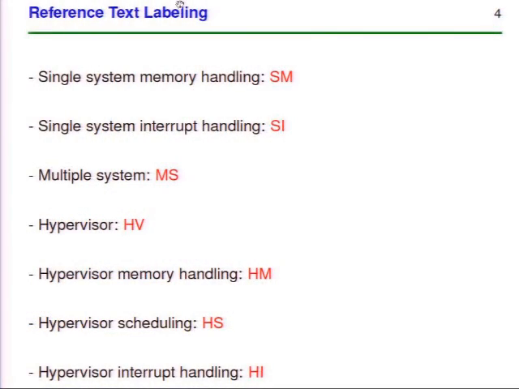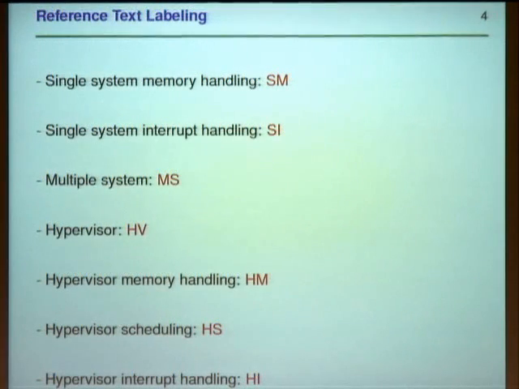And here they are. So as Ruston said, we are going first to develop the system independently. So single system memory handling, SM, single system interrupt handling, SI, and then we enter into the notion of multiple system under the control of the hypervisor.